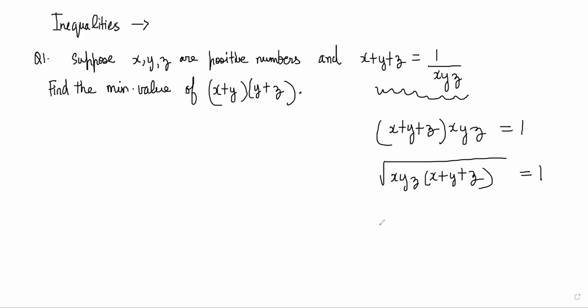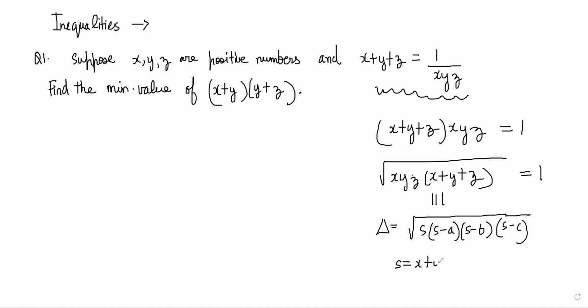So if you recall, Heron's formula for the area of a triangle is given by root over s, s minus a, s minus b, s minus c. So this looks very similar to this expression, except s should be x plus y plus z, and s minus a should be x, s minus b should be y, and s minus c should be z, right?